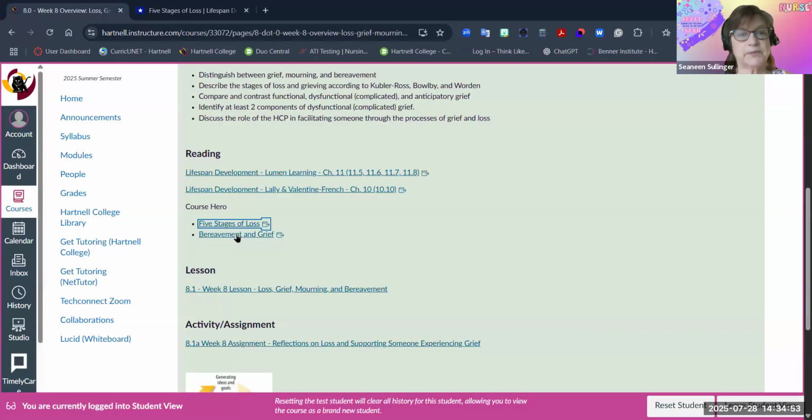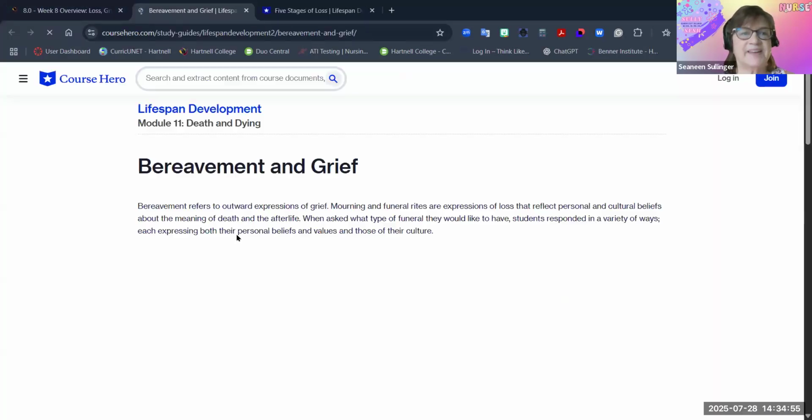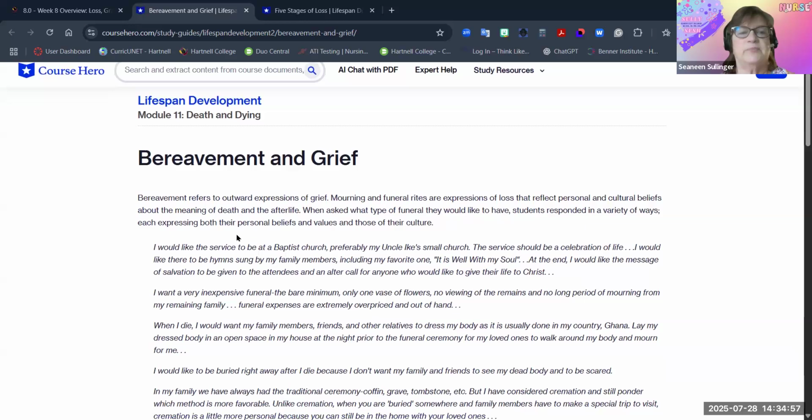We did learn that eventually. And then bereavement and grief. So bereavement is the outward expression of grief. So mourning, M-O-U-R-N, like to mourn something, and funeral rites are expressions of loss that reflect personal and cultural beliefs. So that's why we're wanting to ask people how we can support them with their personal, cultural, spiritual beliefs.